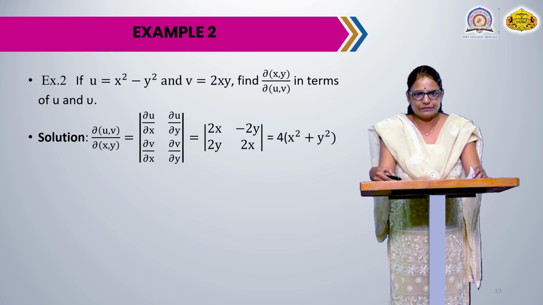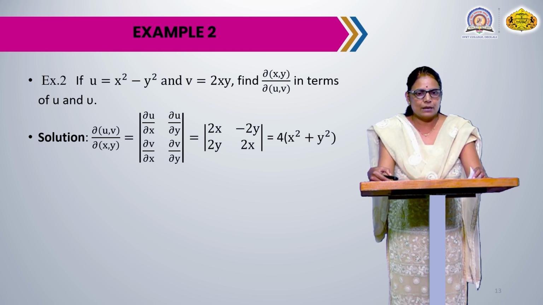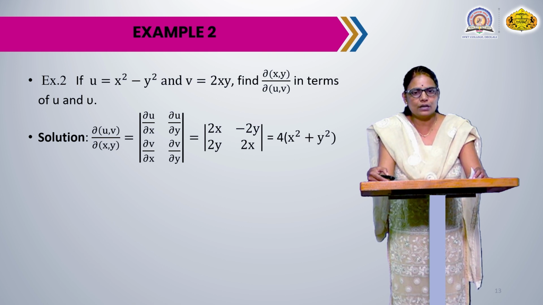So write its definition. ∂(u,v)/∂(x,y) has first row the partial derivatives of u with respect to x and y, and second row the partial derivatives of v with respect to x and y. Here u is x square minus y square, so ∂u/∂x is 2x and ∂u/∂y is minus 2y.